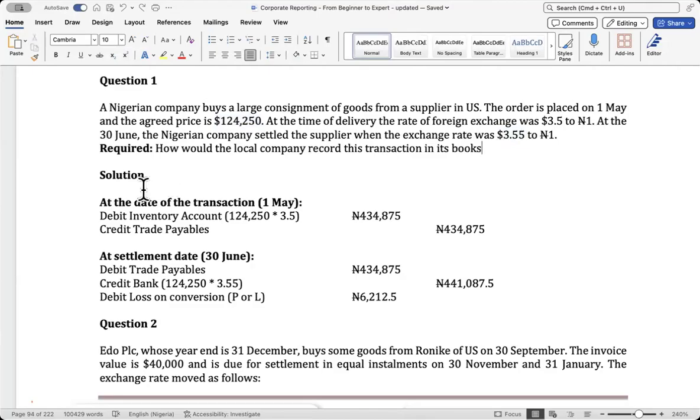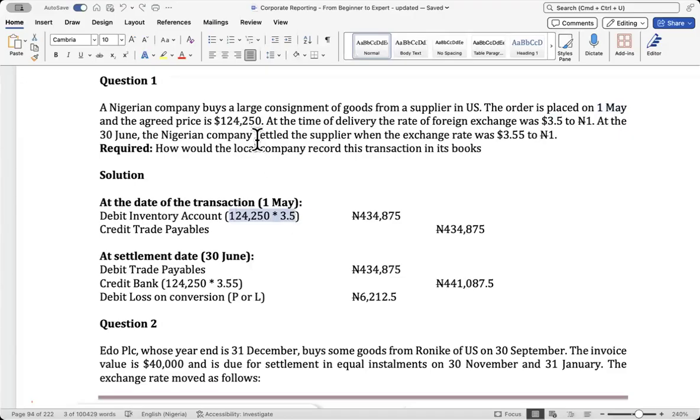Okay, so at the date of the transaction first, where you would initially measure this foreign currency transaction, which is May, the exchange rate at that date was 3.5. And I told you, you are going to translate or convert this at the rates existing at that date, at the date of the transaction. So at that date, debit the assets by converting those dollars to naira.